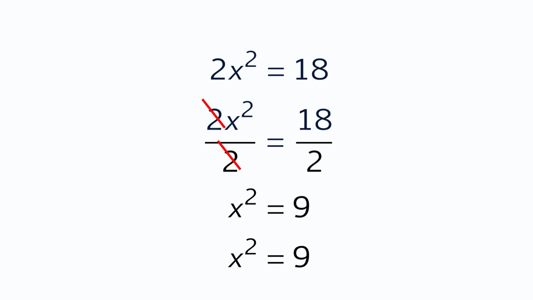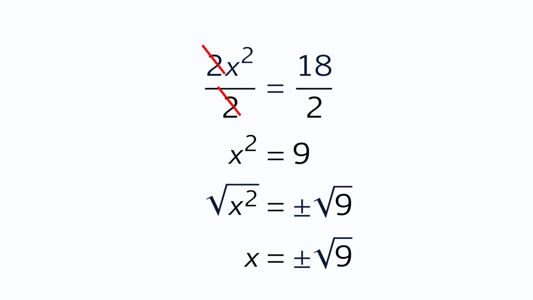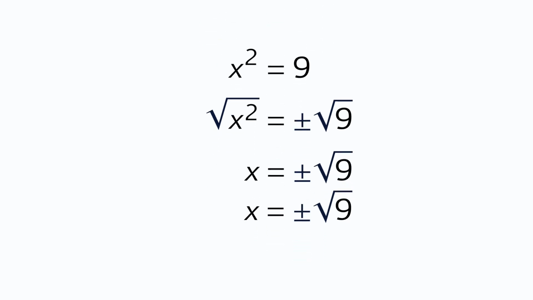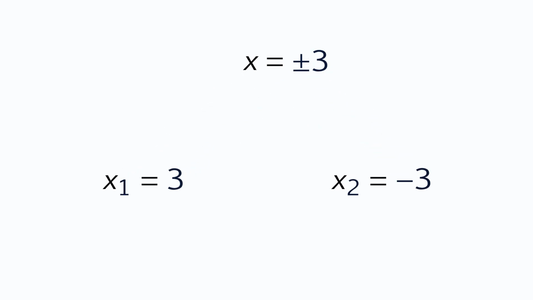Now take the square root on both sides of the equation to get x equals plus or minus the square root of 9. The square root of 9 is 3, and you're left with x equals plus or minus 3. Finally, you separate the equation into two simpler equations. x1 equals 3, and x2 equals minus 3.